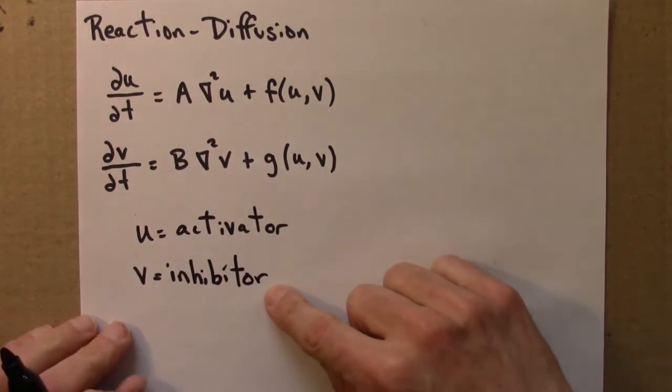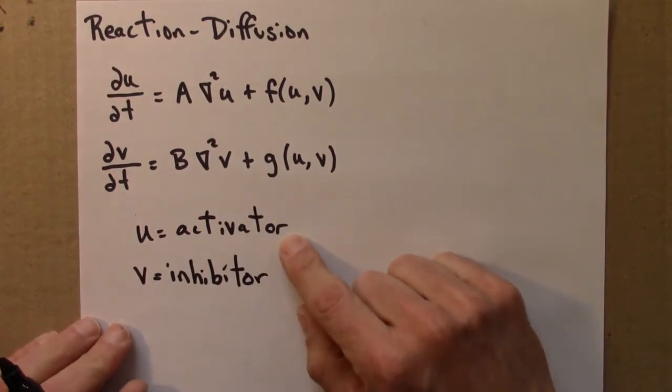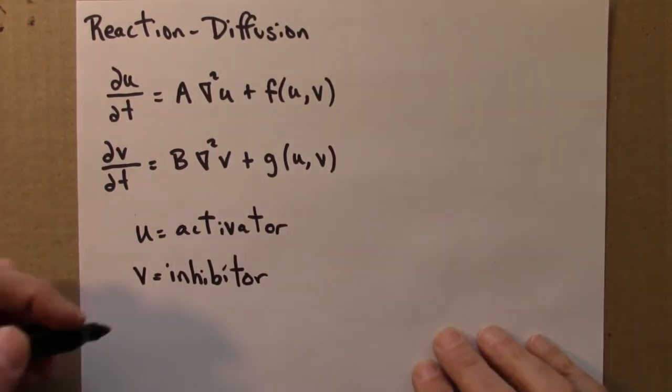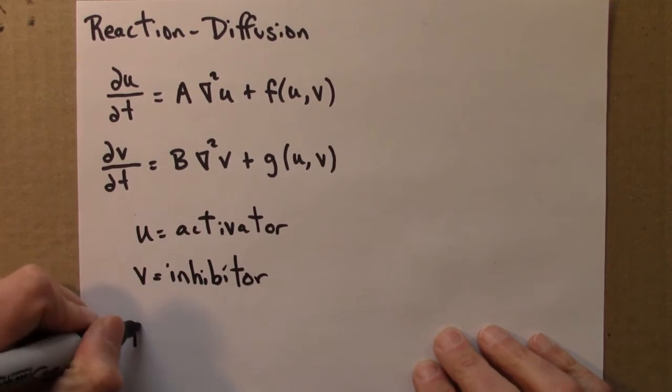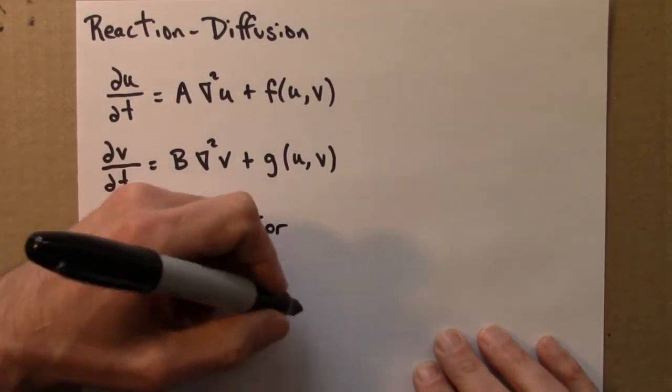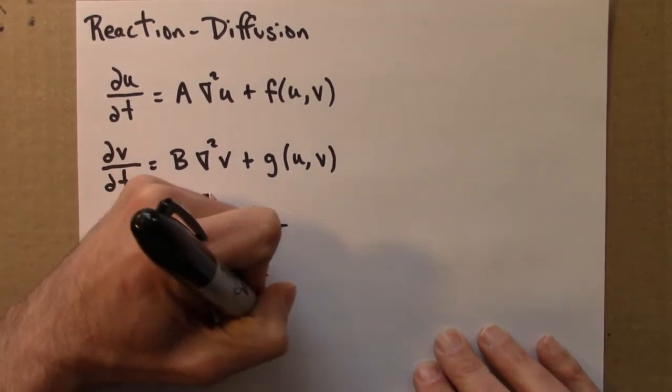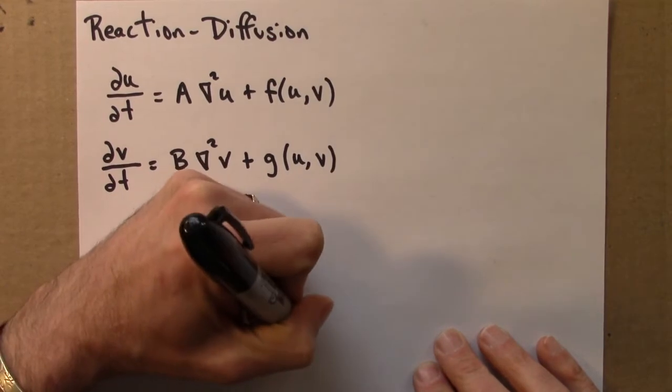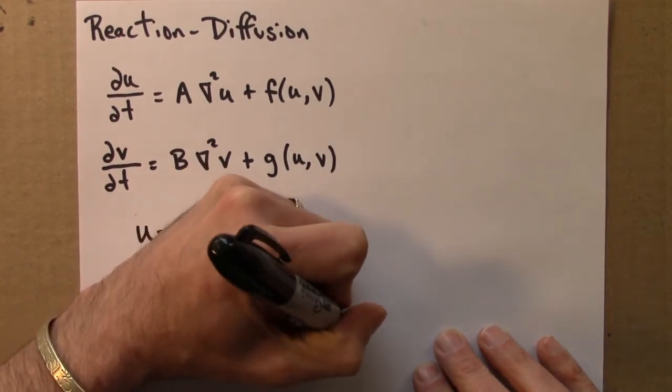It's something that slows down or inhibits or kills whatever U is. And B will be greater than A, which means that the inhibitor diffuses faster than the activator.